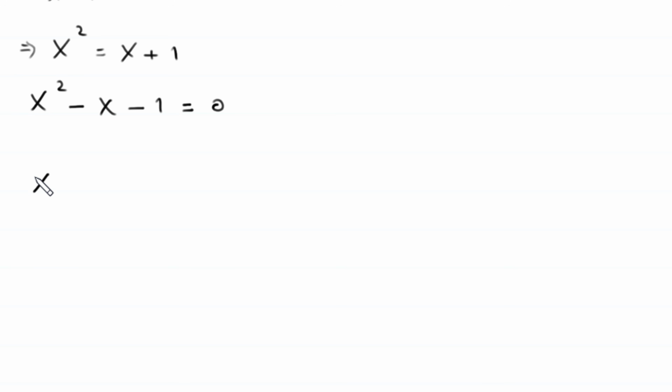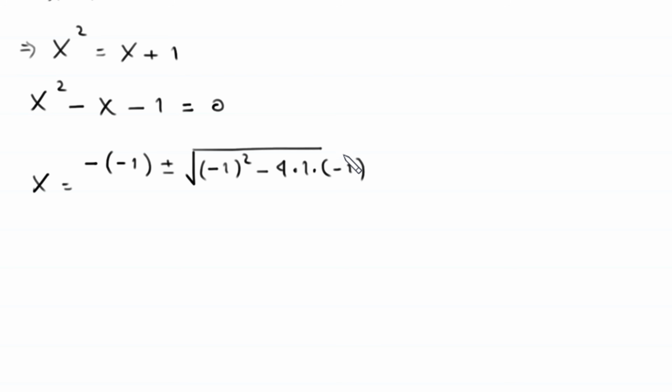According to the quadratic formula, x is equal to negative b, b is negative 1, plus or minus square root of, in place of b squared we write negative 1 squared minus 4 times a is 1 times c is negative 1, divided by 2 times a is 1.